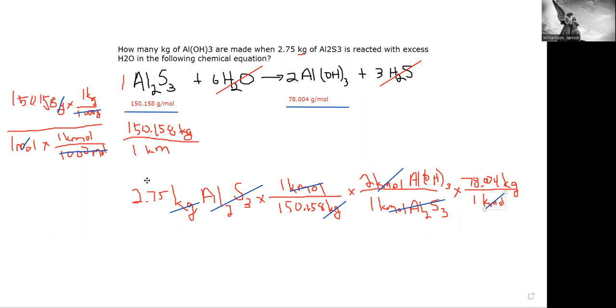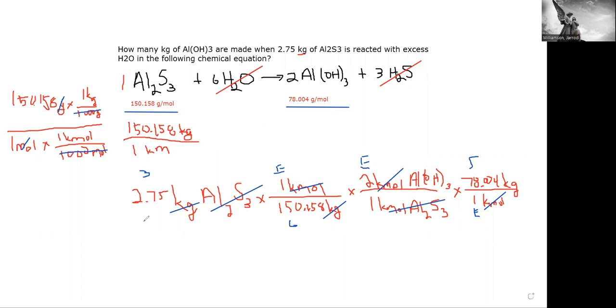I'm going to have 2.75, which is 3 sig figs. The 1 is exact, 150.158 is 6 sig figs, both of these are exact, and 78.004 is 5 sig figs.